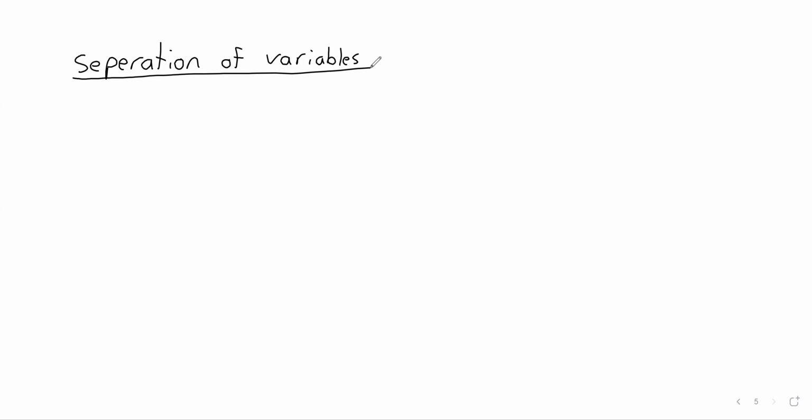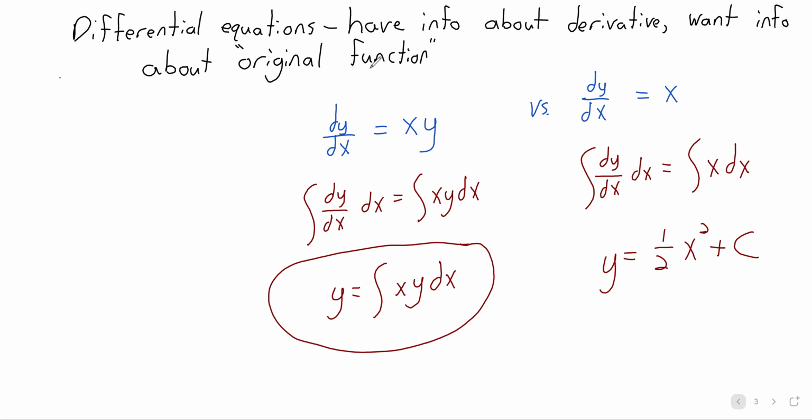When we see, for example, dy dx equals x times y, that is not a fraction we can manipulate. We cannot, so we tell students, multiply both sides of the equation by dx, because this is just a bit of notation that represents the derivative of y with respect to x. It's not an actual fraction.